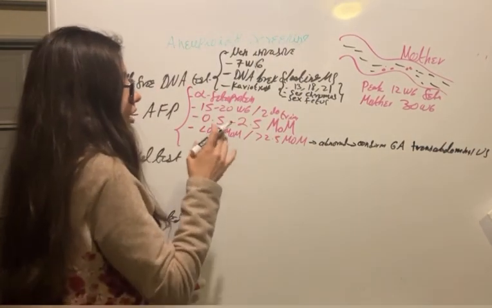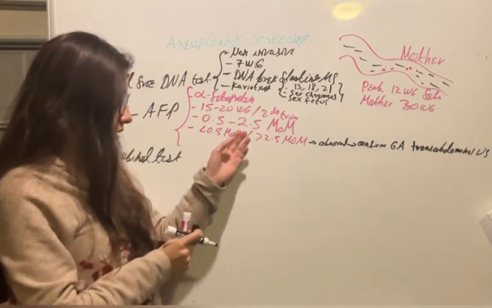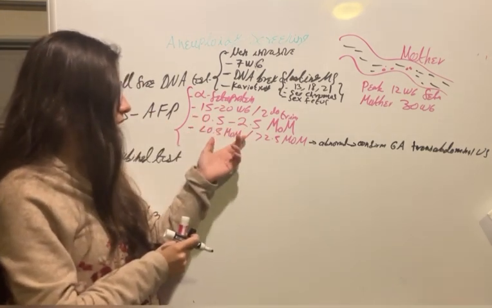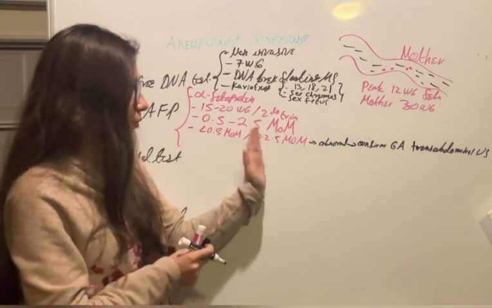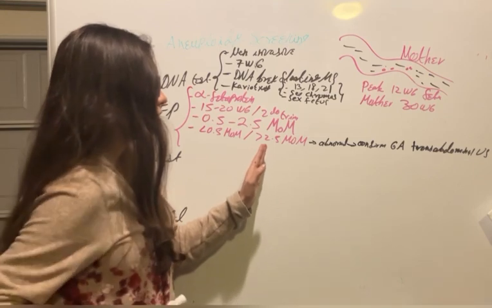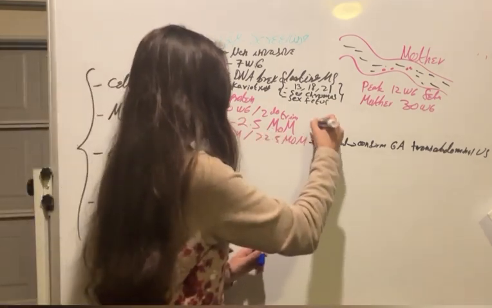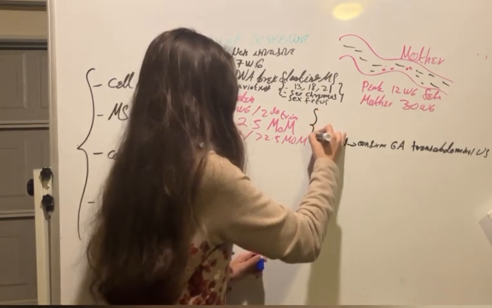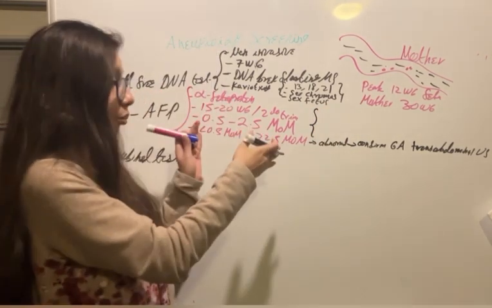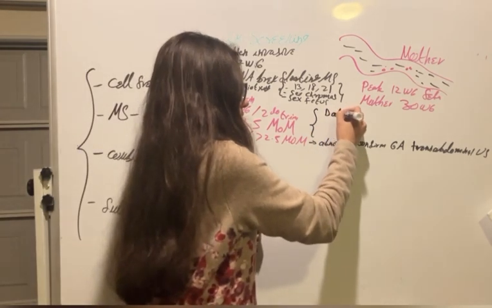So let's suppose we do a test and the alpha-fetoprotein was greater than 2.5 multiples of the median. There are two reasons for which the result could have been greater than normal. One is that we have a dating error.